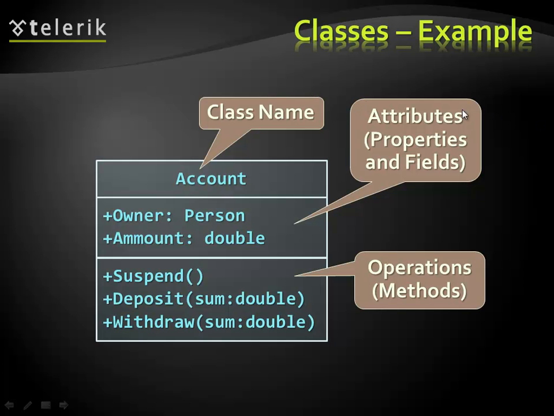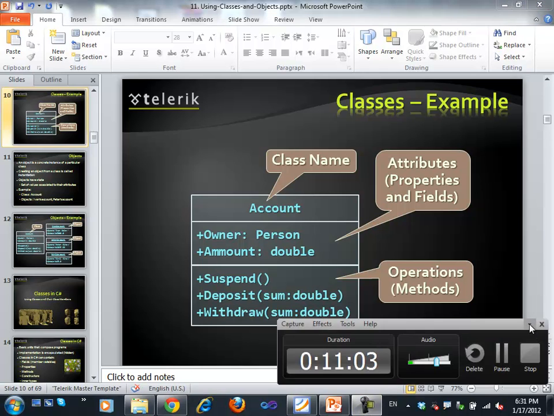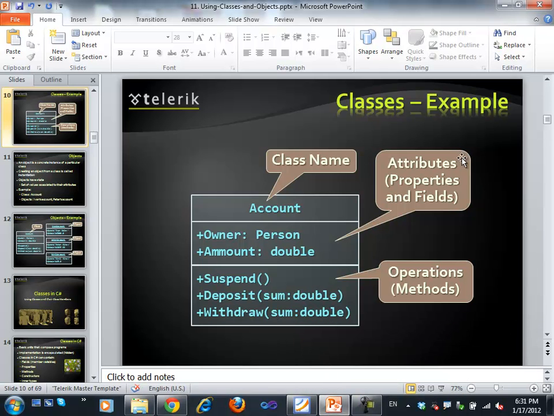The word attributes here is not very descriptive, because in C# we have a different use for the word attribute, and we'll see that in the future when we really have to use attributes. So the word attributes here, I don't completely like it.